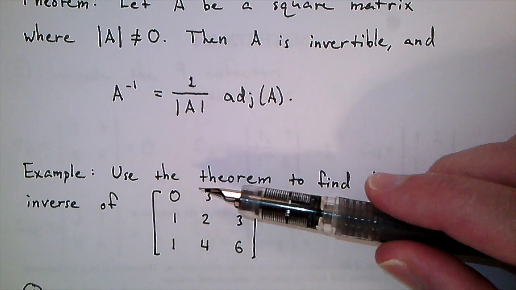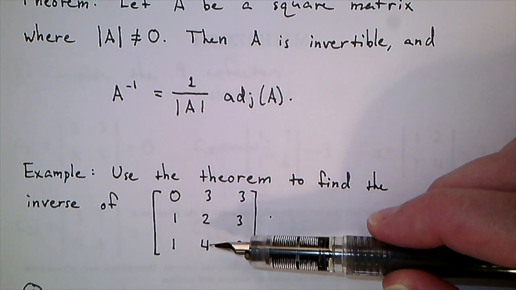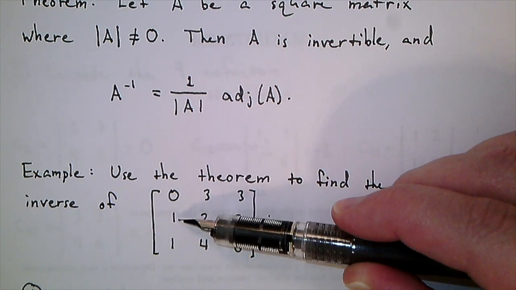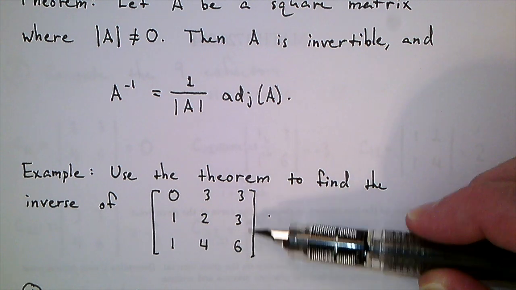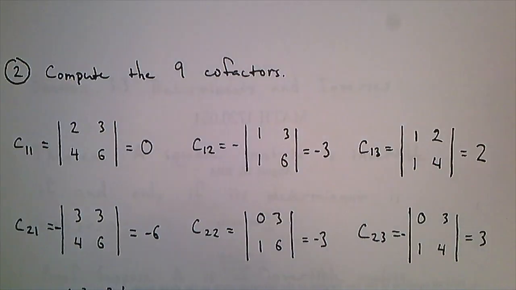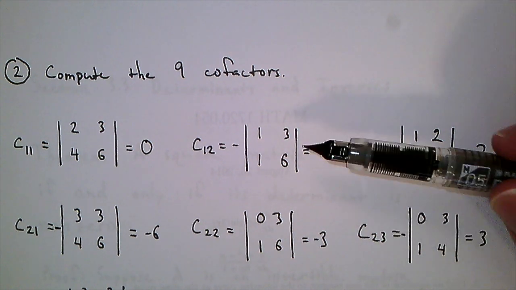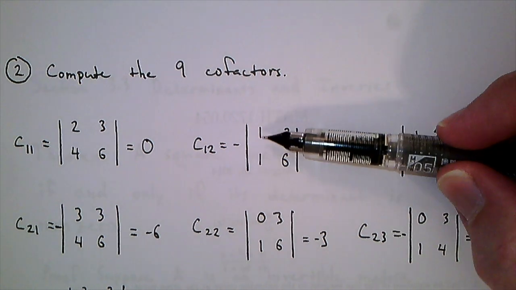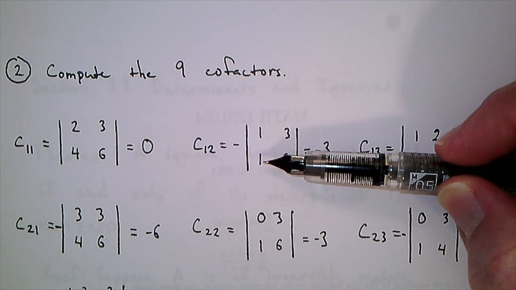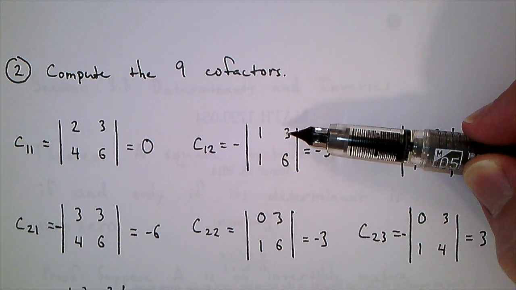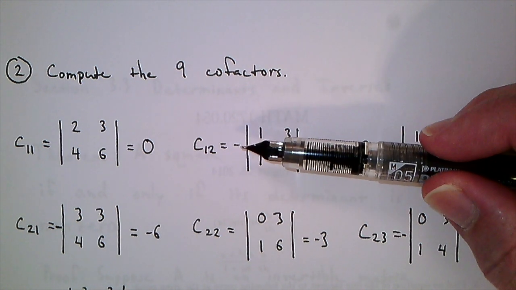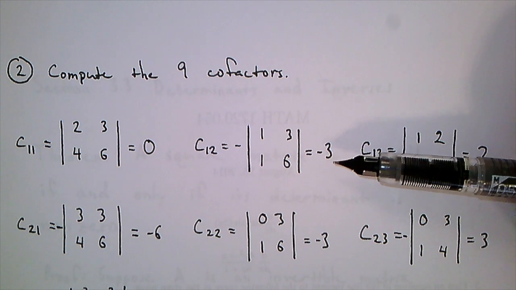So you cross off the first row and the first column, and then what remains is this 1, 1 and the 3, 6. So you make a little 2x2 matrix out of that and compute its determinant. So that's 1 times 6 minus 1 times 3. So that gives you a 3 from the determinant, and the extra minus sign gives you negative 3.